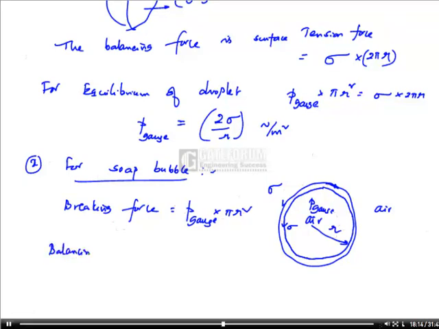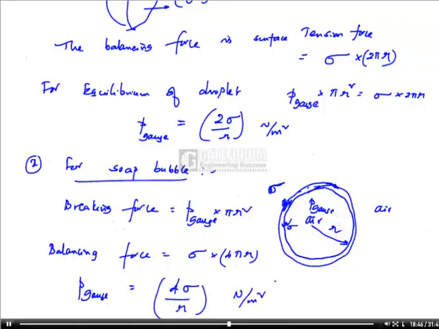The balancing force for equilibrium is sigma into 2 pi r plus 2 pi r, that is 4 pi r. Please note that here sigma is acting at the inner layer as well as the outer layer of the soap liquid. Therefore, P gauge is equal to 4 sigma by r, Newton per meter square. This P gauge is the pressure inside the soap bubble in excess of the outside atmospheric pressure.